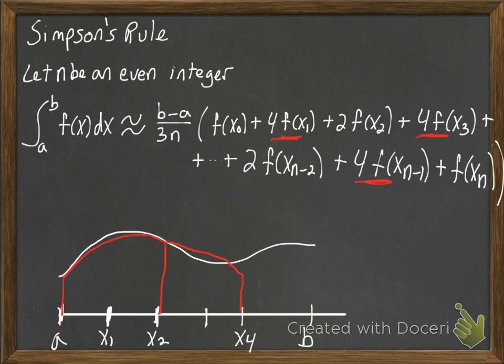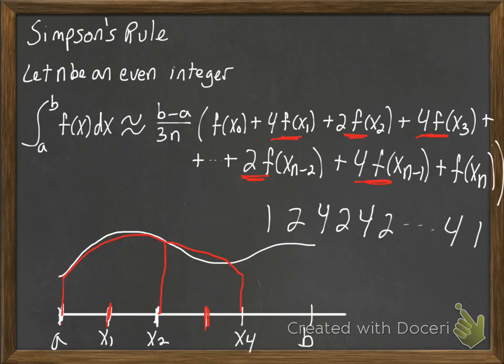Any point that would have been a middle point, any odd subscript like x1 or x3, gets counted four times in the formula. And the other even ones get counted twice. So you have this pattern that you can remember to keep Simpson's rule straight: it's 1, 2, 4, 2, 4, 2, all the way through, finishing with 4, and then 1.